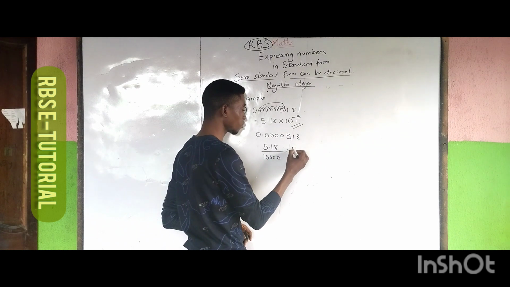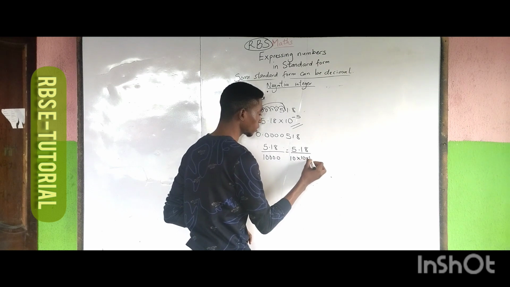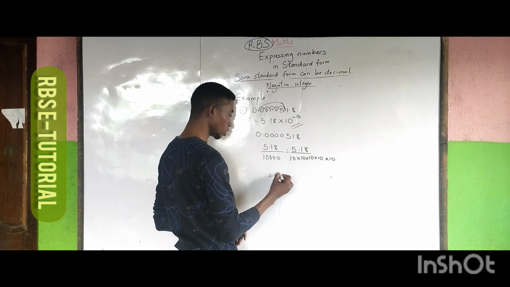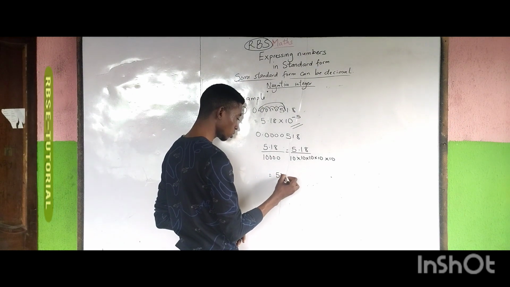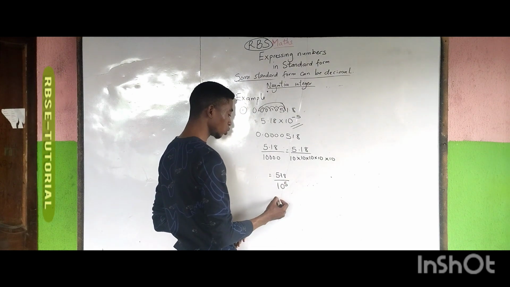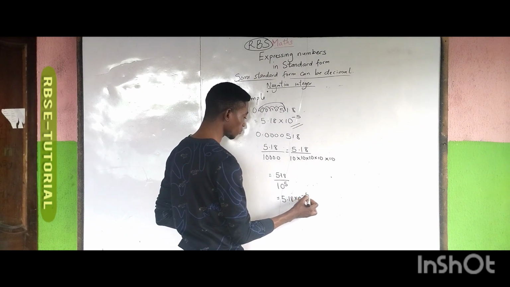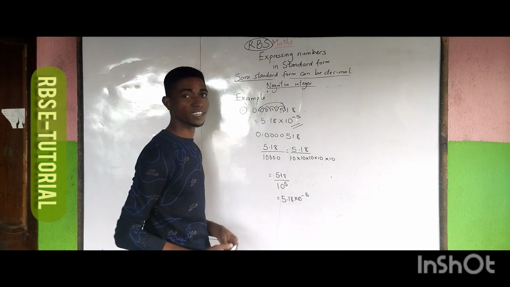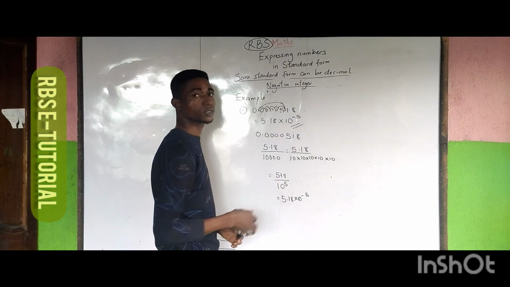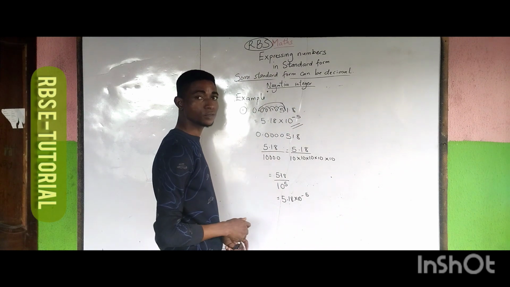So which also means 5.18 over 10 times 10 times 10 times 10 times 10, which also means 5.18 over 10 raised to the power of 5. So it also means 5.18 times 10 raised to the power minus 5. I think this one is better. So you just count forward. When you count forward, you have a negative integer. But when you count backward, you have a positive integer.